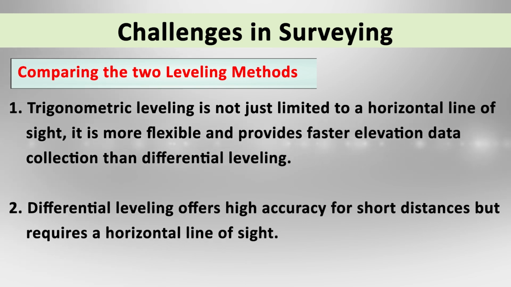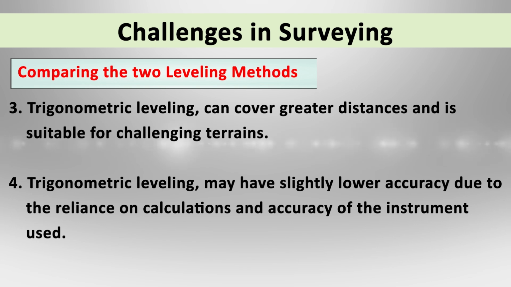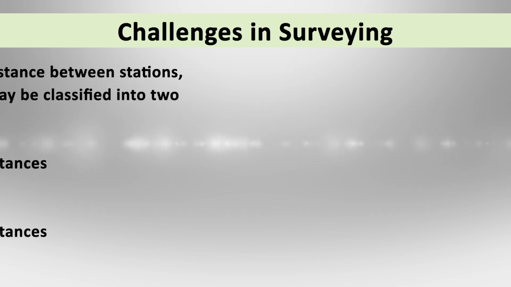Differential leveling offers high accuracy for short distances but requires a proper line of sight. Trigonometric leveling, on the other hand, can cover greater distances and is suitable for challenging terrains, but it may be slightly less accurate due to over-reliance on calculation and accuracy of the instrument that is used.